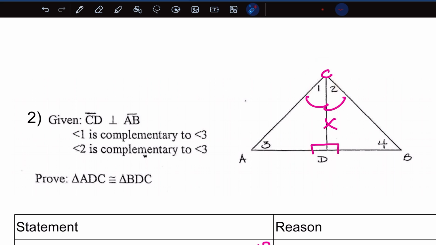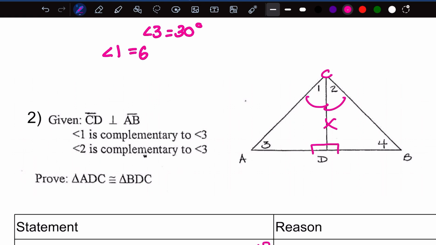So this one's a little bit tricky because it's hard to sort of map out. But basically what we're saying, right, is we said that the complements of congruent angles are also congruent, right? So for example, let's say that angle 3 was 30 degrees. We don't know what it is, but let's just give a hypothetical, right? Then angle 1 and angle 3 have to add up to 90 degrees.